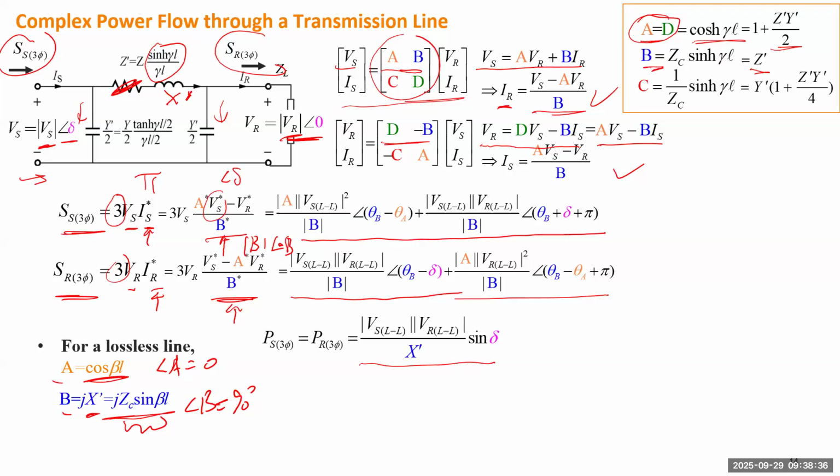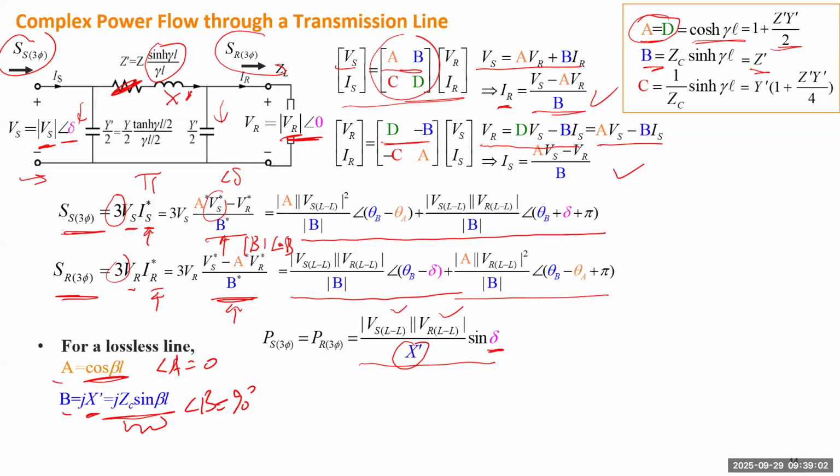The form looks very familiar to us because we have derived similar formulas several times, starting from section number 2. Delta is the angle difference, sine delta, and those two are just the line-to-line voltage magnitudes. And this one represents the total reactance.